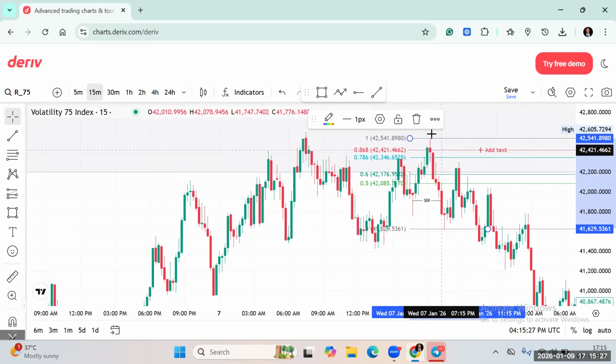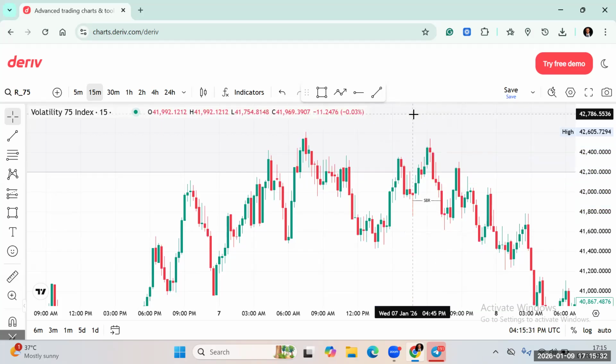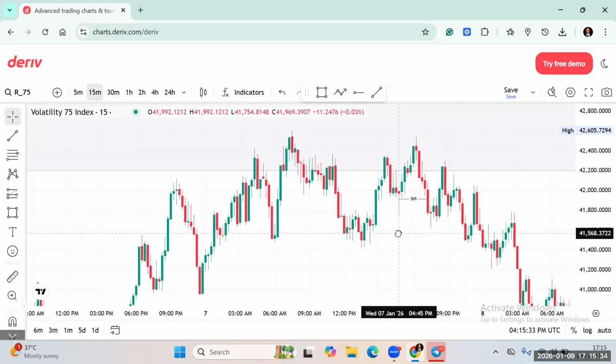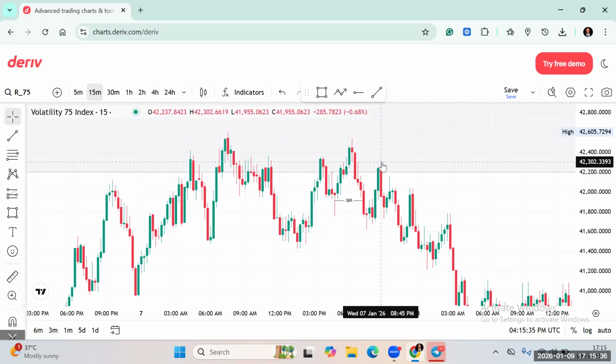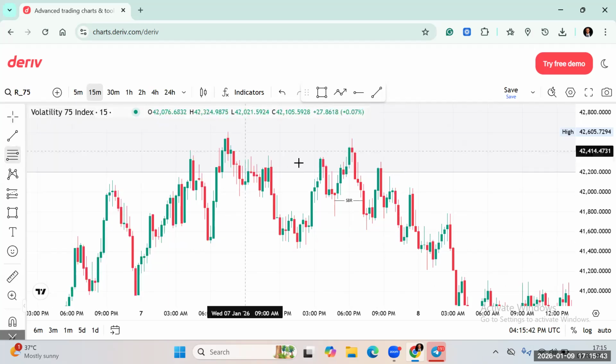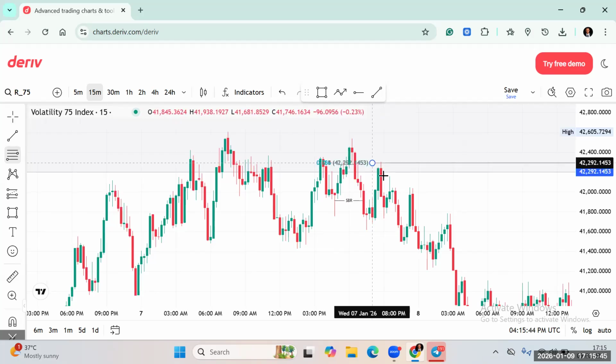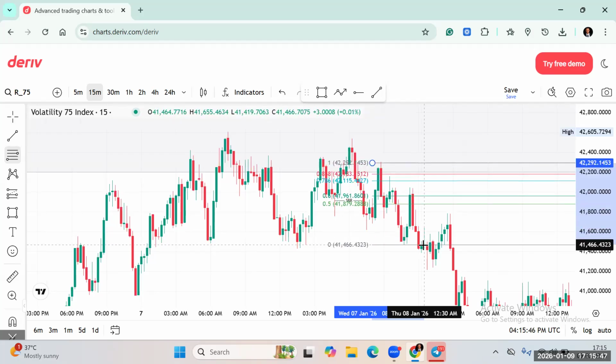And since then, for people that want to stack, it started giving us the same SBR model in everything it was doing. So even here too, it broke this low. Here it did a sweep, broke this low. So if you mark it, it came to 0.6 again, picked order.